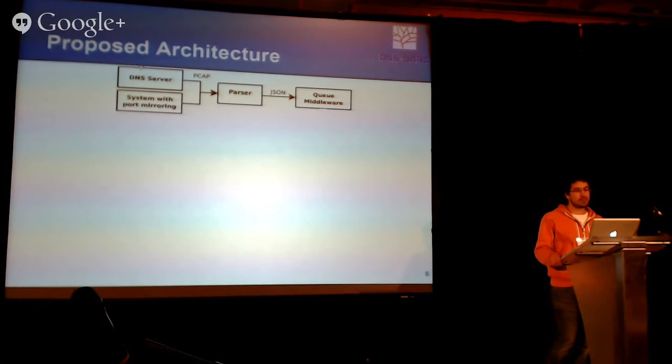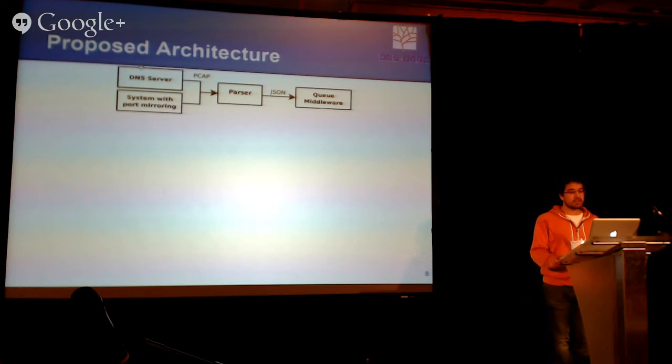So this is what we are proposing to do, and what we are actually doing. As in the DSC architecture we've seen before, we have the parser. We capture the packets and let them go through a parser that transforms the packet into JSON format. We chose JSON because of the availability of libraries and easy debugging.